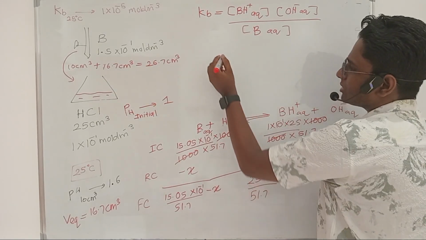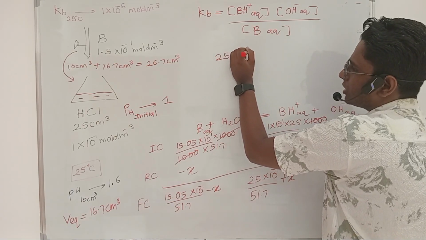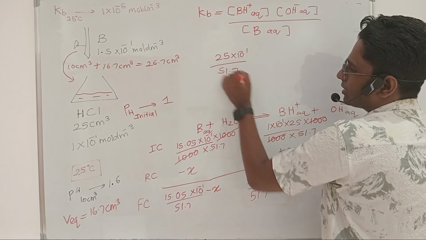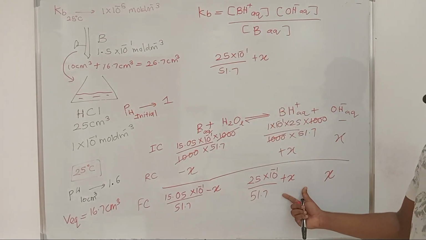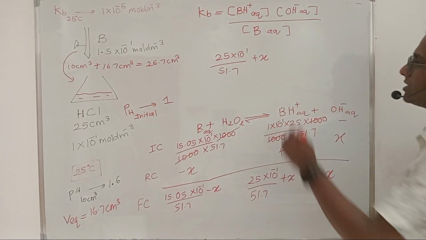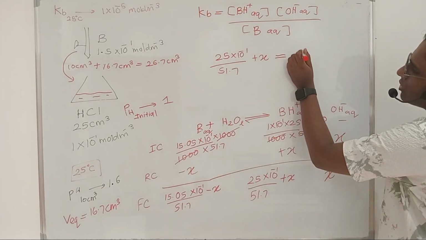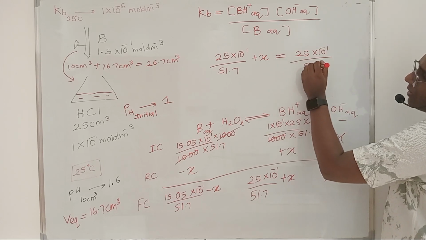But we are making an assumption here. What is the assumption? 25 into 10 to the power minus 1 over 51.7, this value plus x, right? This is the concentration of BH plus. So the assumption we are making is this is approximately equal to 25 into 10 to the power minus 1 over 51.7.